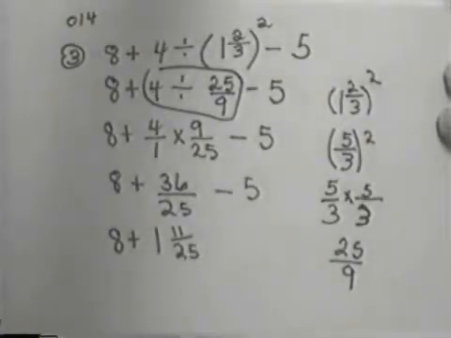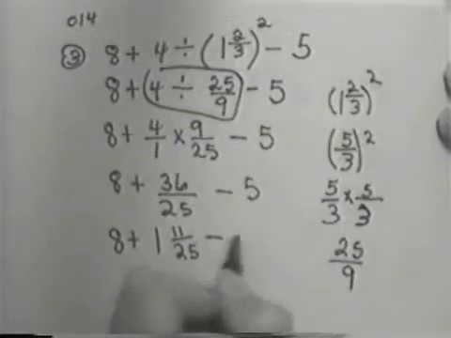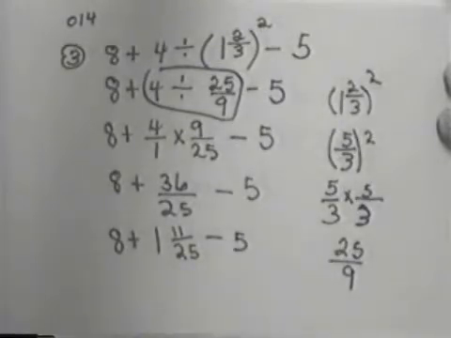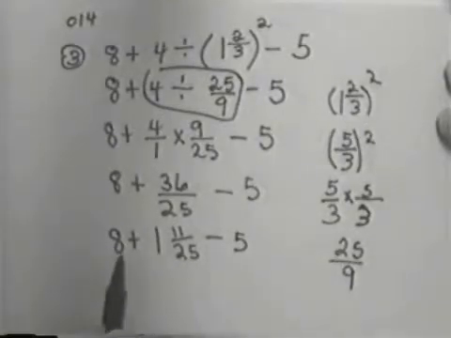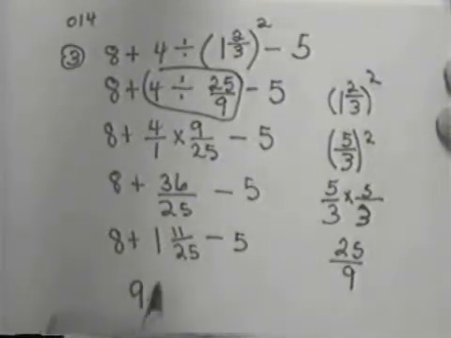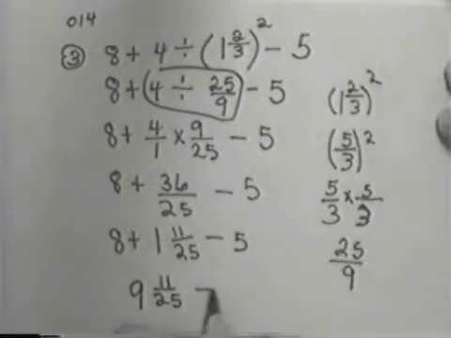So we'd have 1 and 11/25, subtract 5. So then, if we did our adding and subtracting from left to right, 8 plus 1 and 11/25 would give us 9 and 11/25, and then minus the 5.